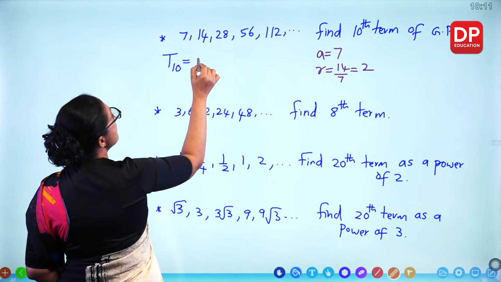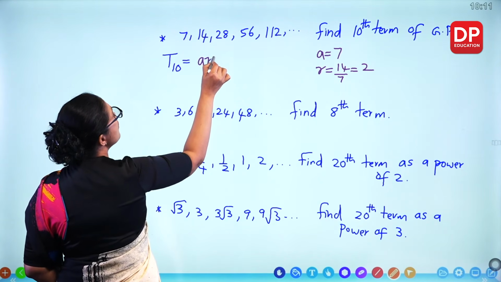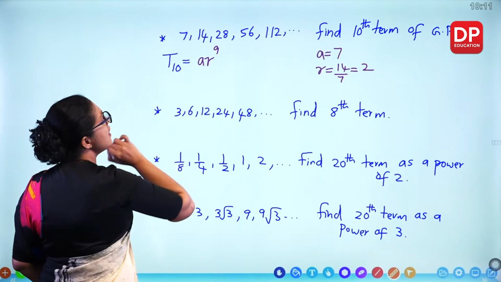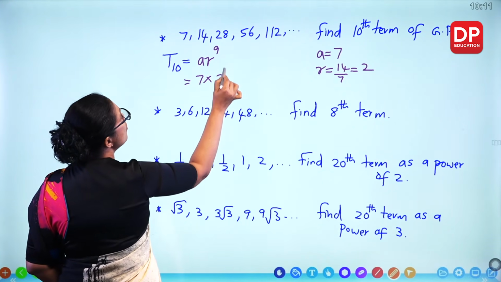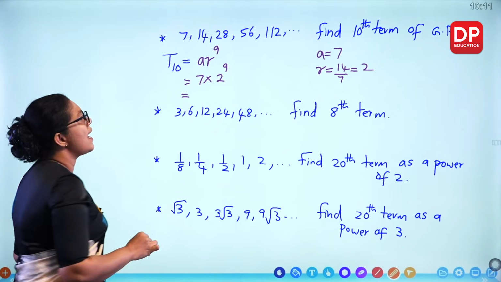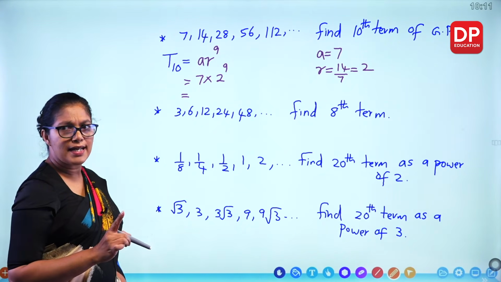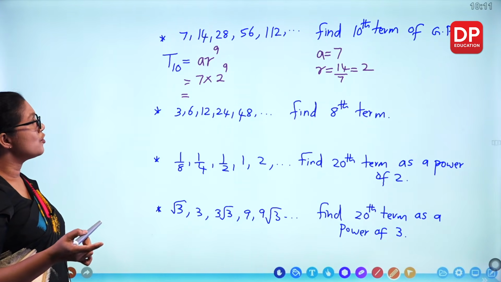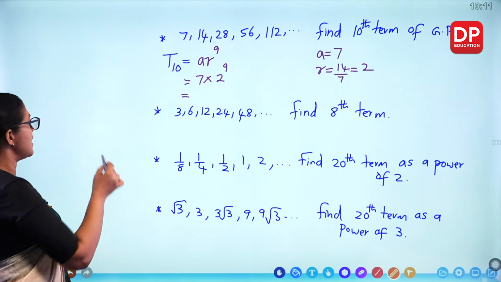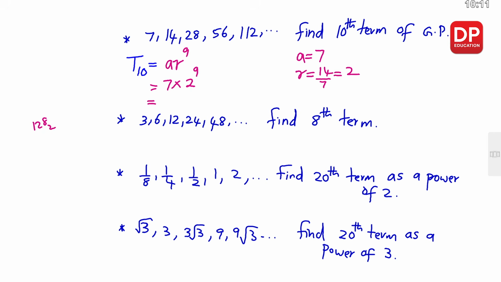What is T10? According to the formula, AR to the power 10 minus 1, 9. Now A is 7, R is 2. So 2 to the power 9. 2 to the power 9 is 512. You know 2 to the power 7 is 128. 128 multiplied by 2 is 256, multiplied by 2 again is 512.